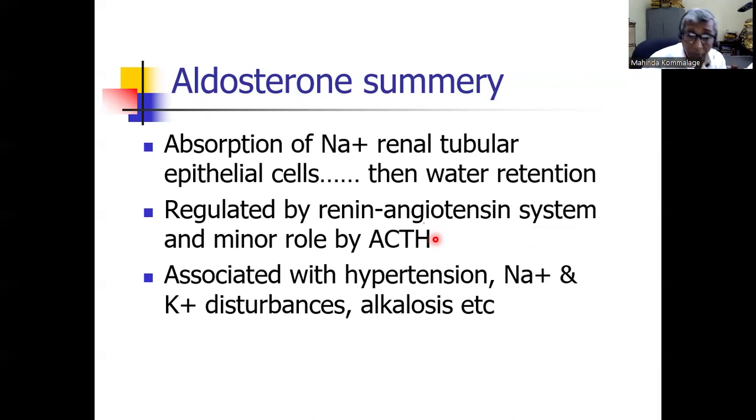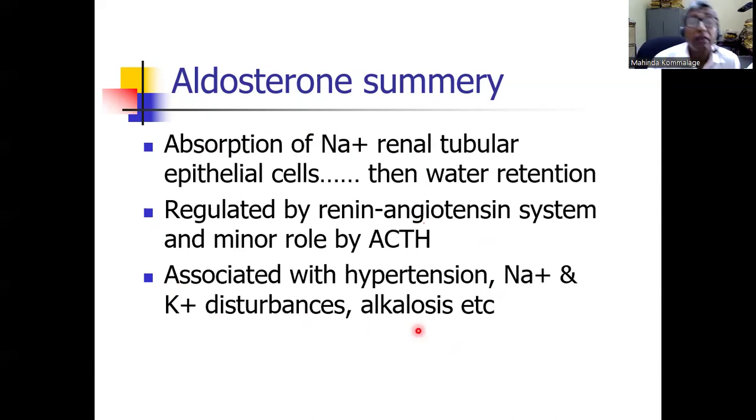It associates with hypertension because if it retains water, it increases blood volume and causes hypertension. With excess aldosterone, H+ is removed, leading to alkalosis, that is, reduced H+ level in the body. So that is the summary of aldosterone.